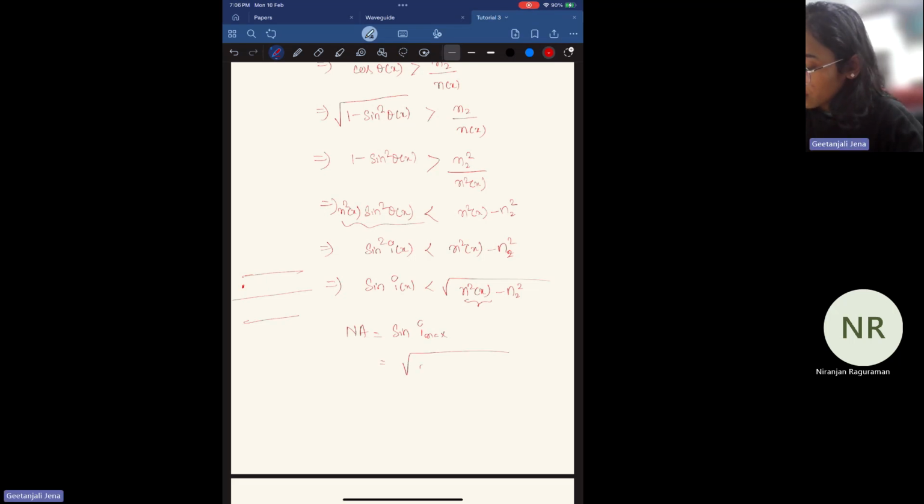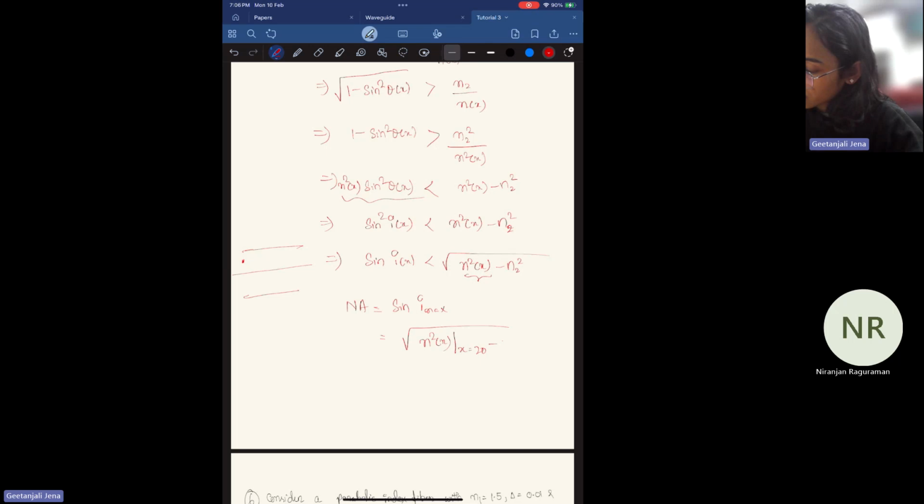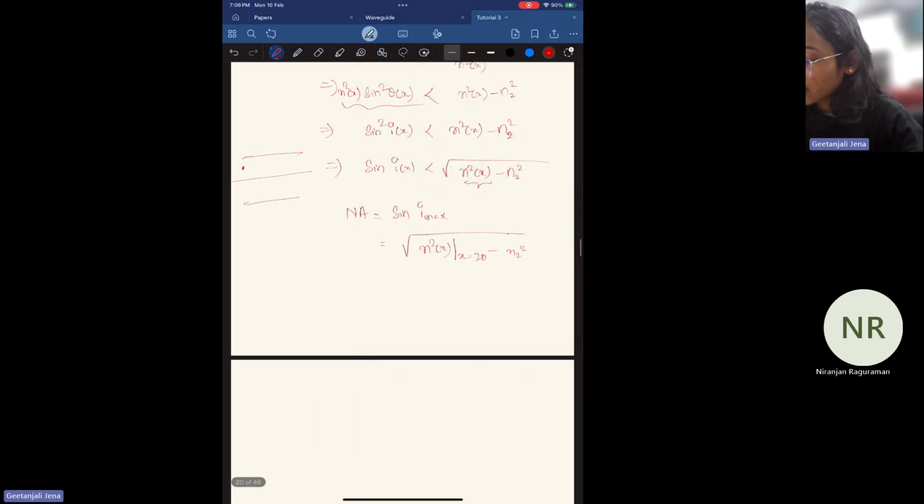It is the square root of nx square at x equal to 20 minus n2 square. So just find out what is the value of nx at x equal to 20. Then n2 is already given, it is 1.677, and nx square you can find out using n1 square times 1 minus 2 delta x by a. x is 20 and a is given as 25.